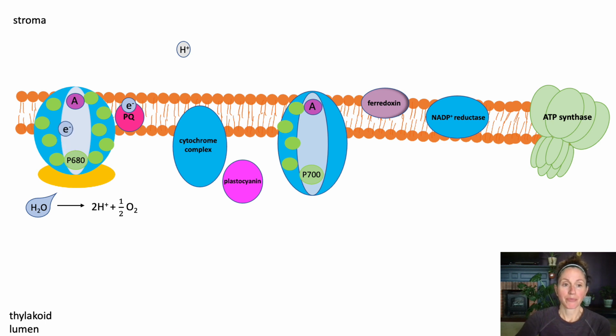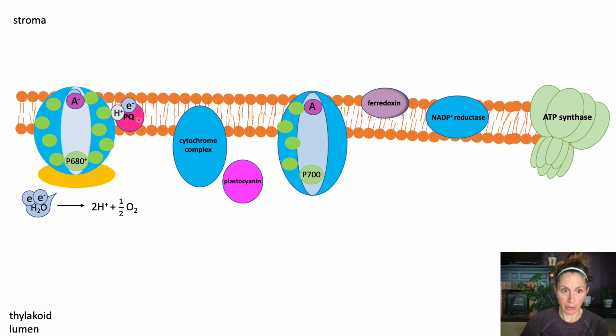So we have, again, the movement from P680 to the primary electron acceptor. And P680 becomes positively charged again, and it is ready to take on more electrons. But we're going to pause there. Otherwise, we could be doing this all day. So we will follow these electrons here.